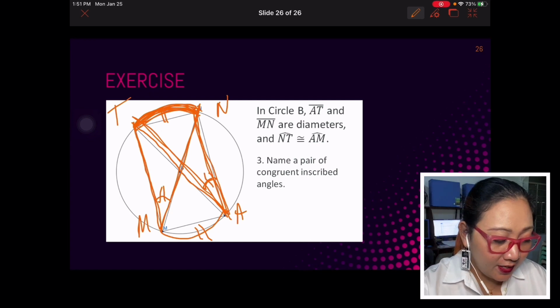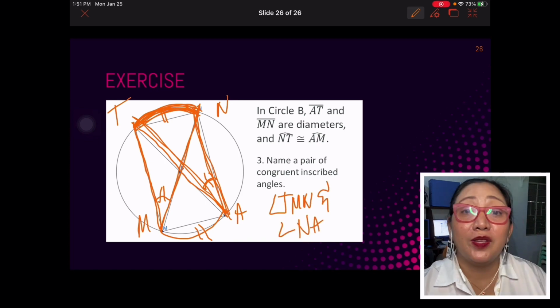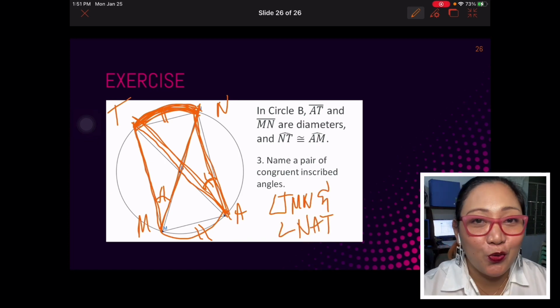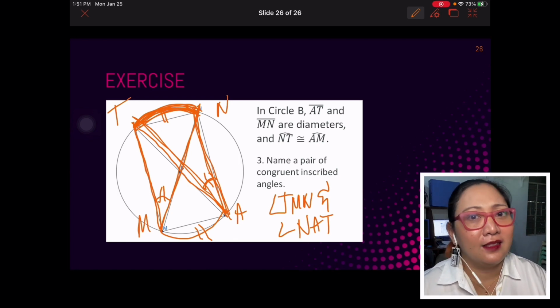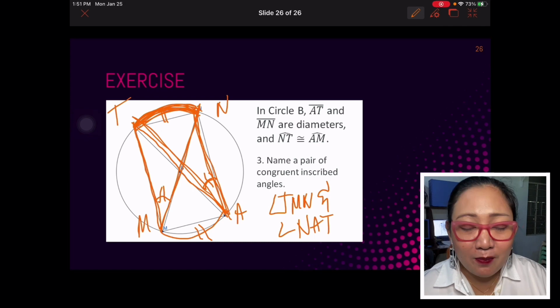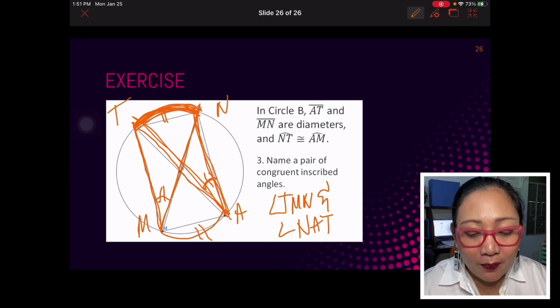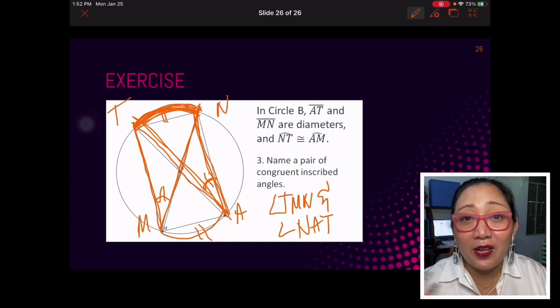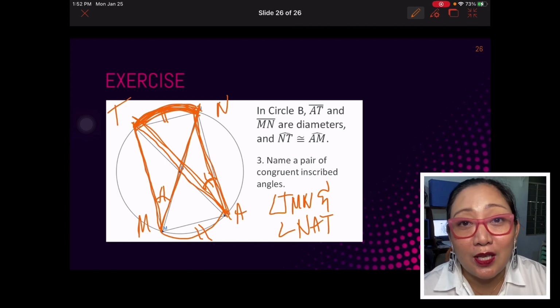So, we can say that angle TMN and angle NAT are a congruent pair. Okay? So, yan lang. Diba napakadali lang? Kailangan lang natin maintindihan ang ating theorems at kailangan nating alamin kung paano sila gagamitin in certain types of problems.